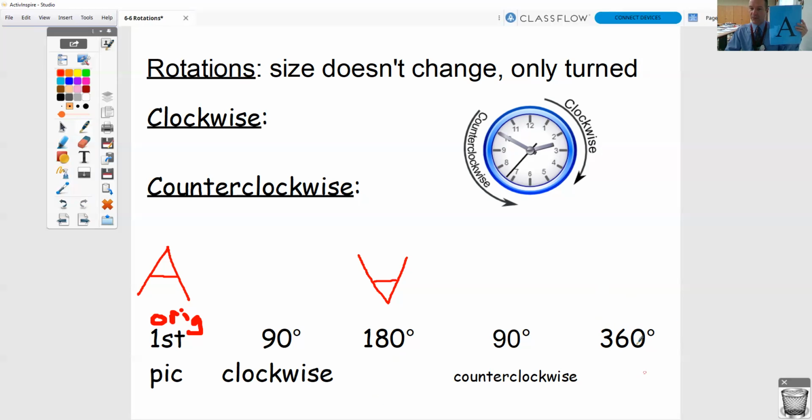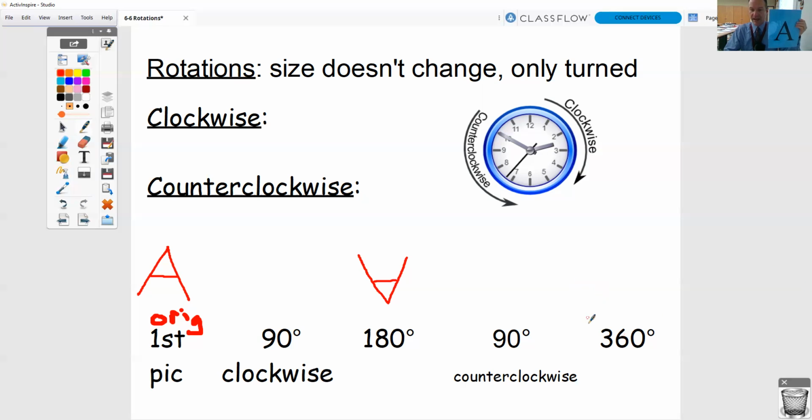Now, again, think about skateboarding, skiing, snowboarding, dunking a basketball. If you do a 360, that is one complete turn around, all right? You do one complete turn in the air. So if I do one complete turn of the letter A, I go one complete time around and I end up right back where I started from. I could do a 360 going clockwise, or I could do a 360 going counterclockwise.